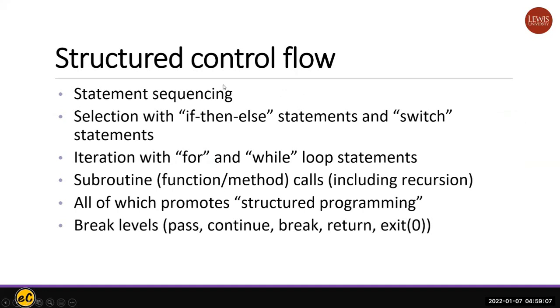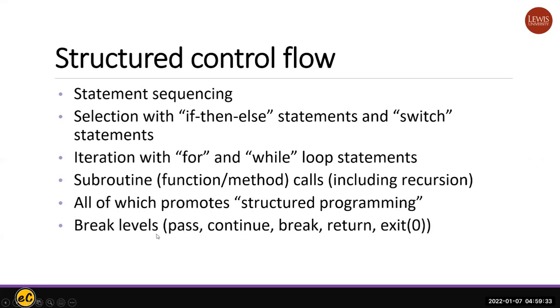Okay, and structured control flow: statement sequencing, selection with if then else statement and the switch statement. This we call selection. Iteration with for loop, while loop, may also have conditional testing. It is also structured control flow, and all of these promote structured programming.